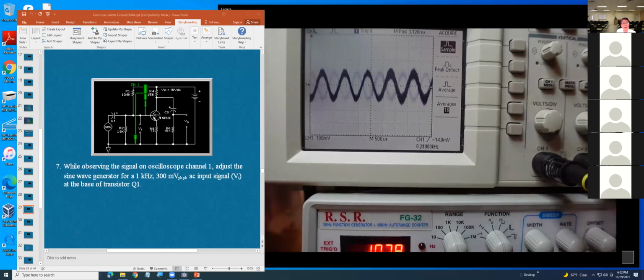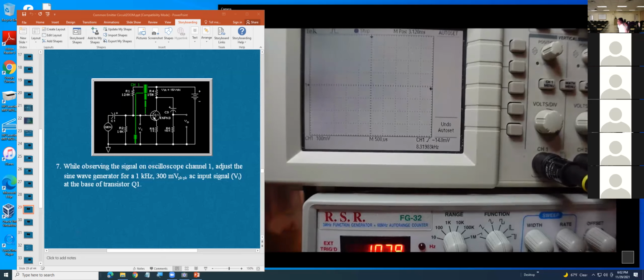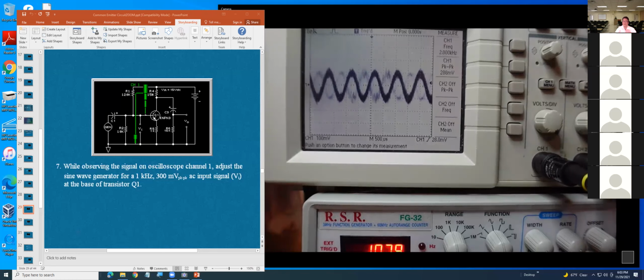It measured an average of about 300. You want 100, so you have to go down. So generator going down.